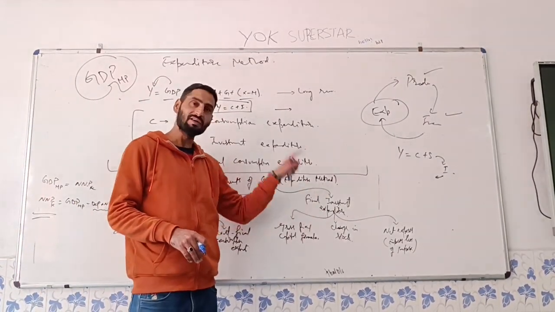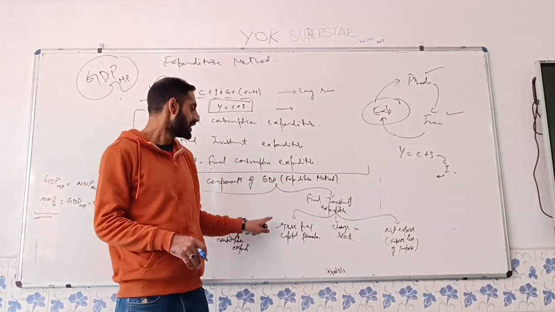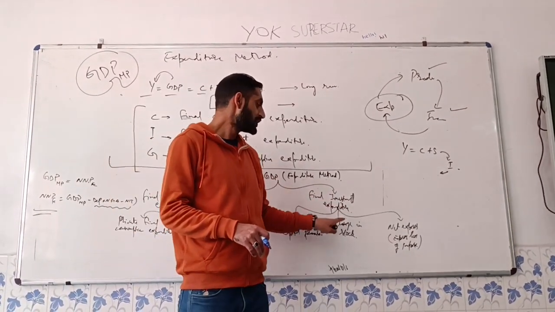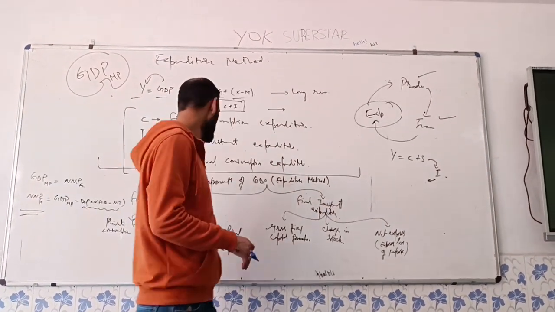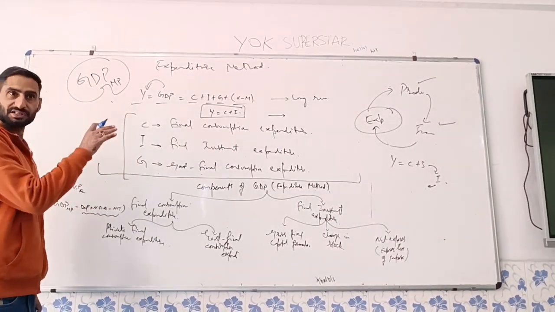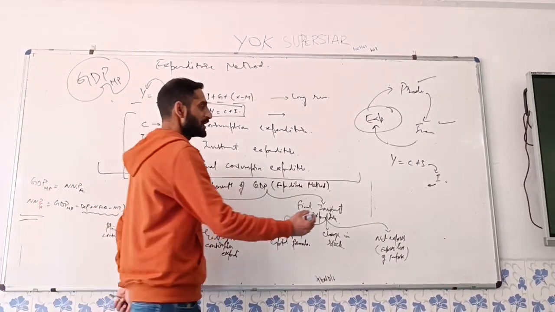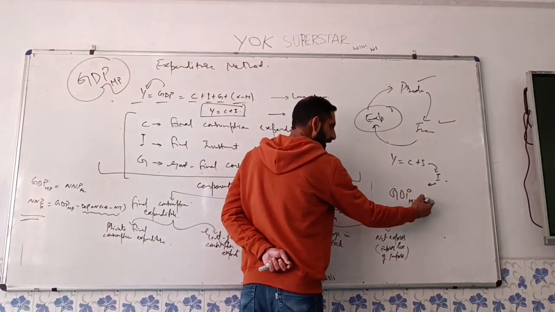Second thing is final investment expenditure. So it will get divided into three parts, that is gross fixed capital formation, change in stock, and net exports, that is exports less of imports. But by adding up or summing up all these very components, we are reaching at gross domestic product at market price.